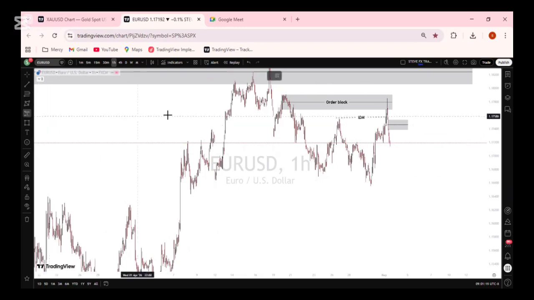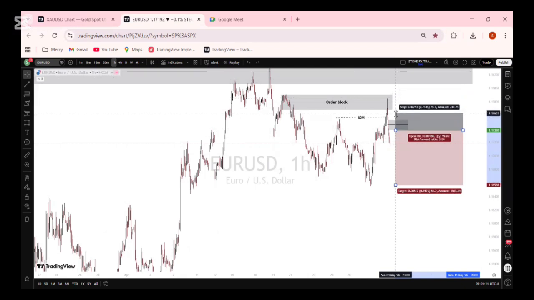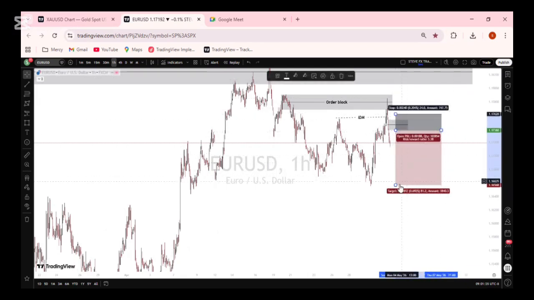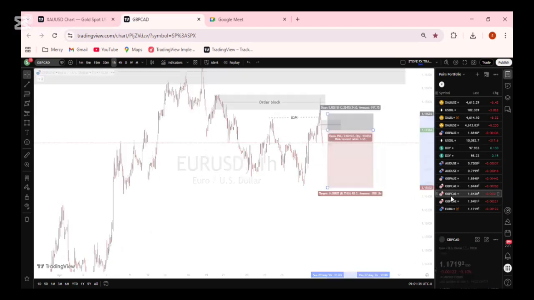So we will be combining Euro USD and DXY. We can see that there is a little bit of correlation over here as well. So we can look for another short on Euro USD.